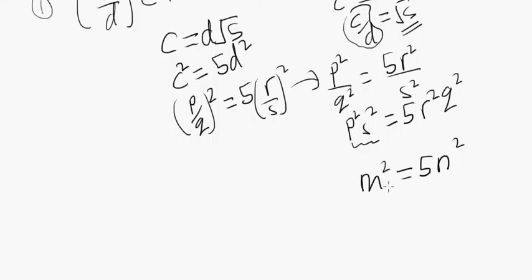But notice, if you have an integer squared, we know that 5 is in the prime factorization of m squared. It's in the prime factorization of m squared. But since we have m squared, that means that every prime factor of m must be contained to an even power, right? So this 5 here must appear to an even power.